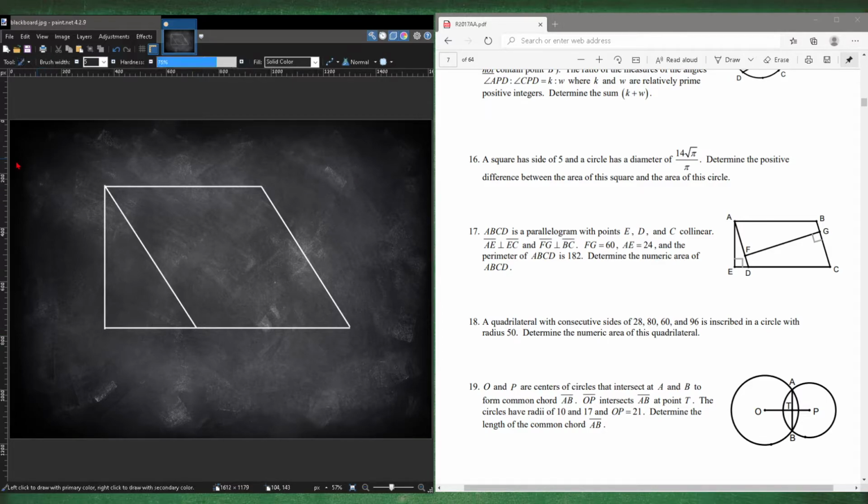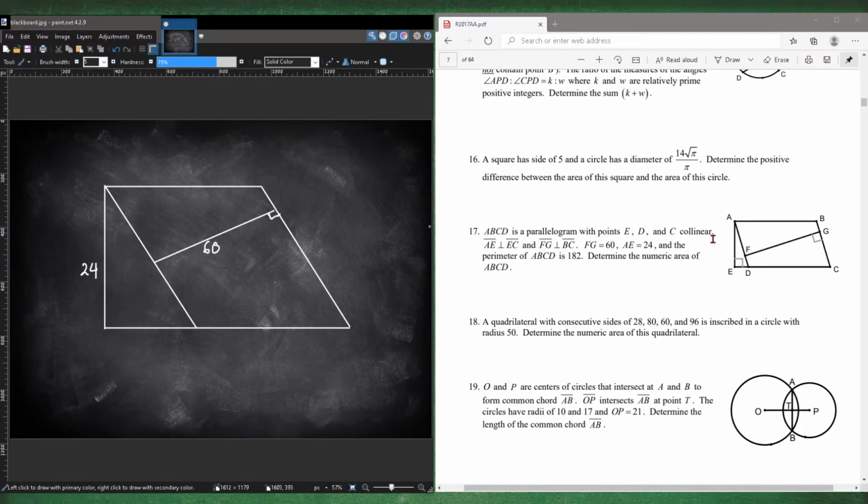So what I noticed is that we have this line over here. We know FG is 60 and we know AE is 24. So AE, we could just call this 24. And let's just say we have a height right here to here. And that length, which is 90 degrees, is 60.